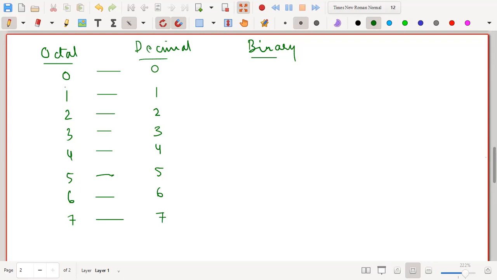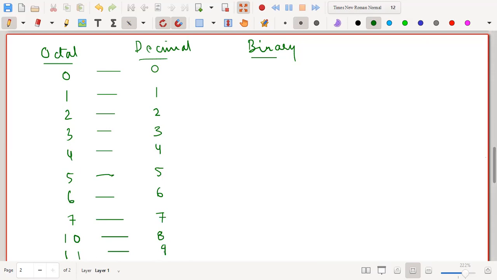So the next 2-digit octal number is not 8 or 9, but directly 10. And what is the next decimal? It is 8. The next octal is 11, and the next decimal is 9. Similarly, you can write all the values up to 17, which is 15 in decimal.